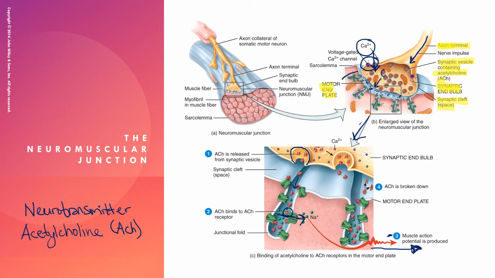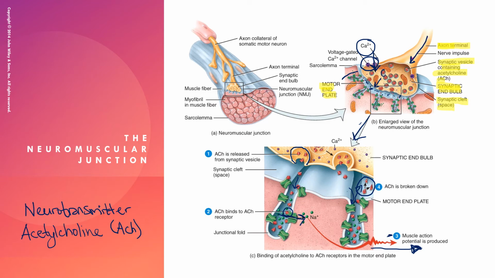But then what happens to that acetylcholine once it binds to the receptors? So you can see here it binds, it allows sodium to go through into the muscle, but then it's released. And then we have to break down that acetylcholine, because if the acetylcholine isn't broken down, it will continue to bind, causing more action potentials.